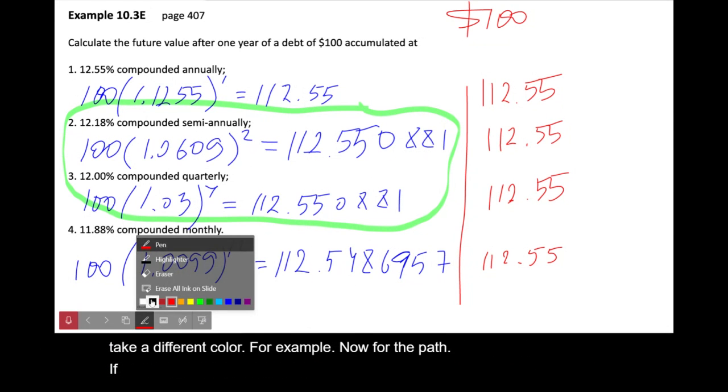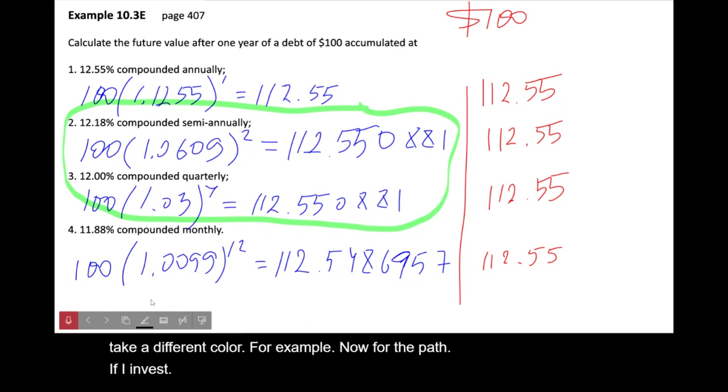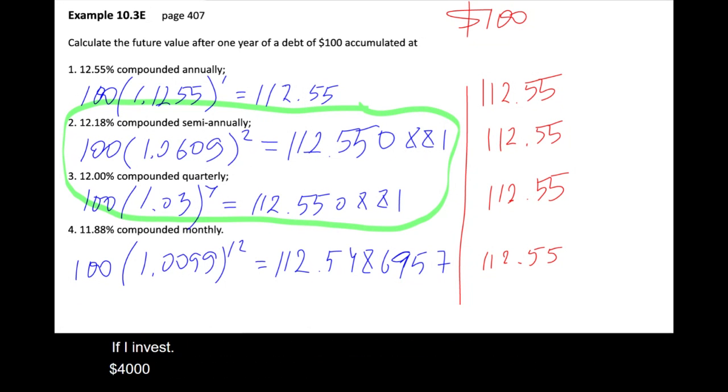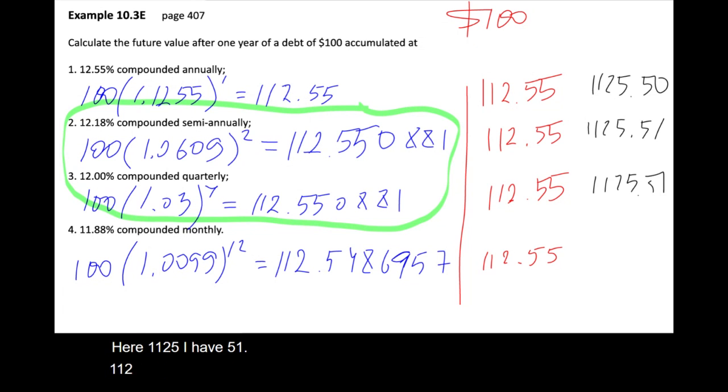If I invest $1,000, what I have is 1125.50. Here 1125, yeah, I have 51. 1125, 51, 1125, 49.